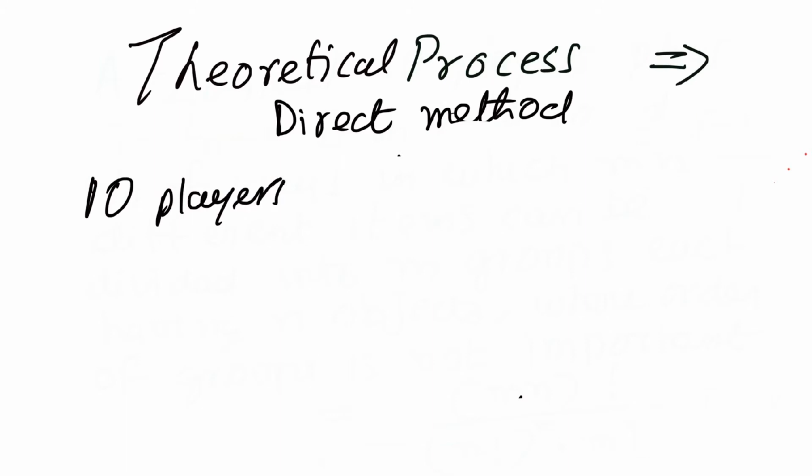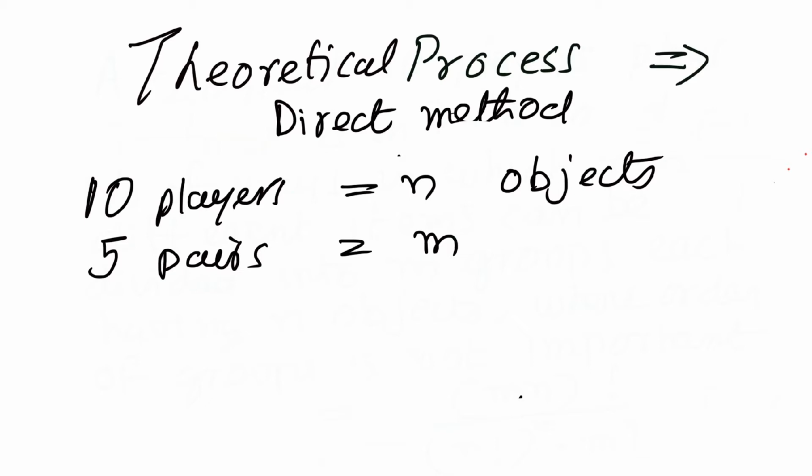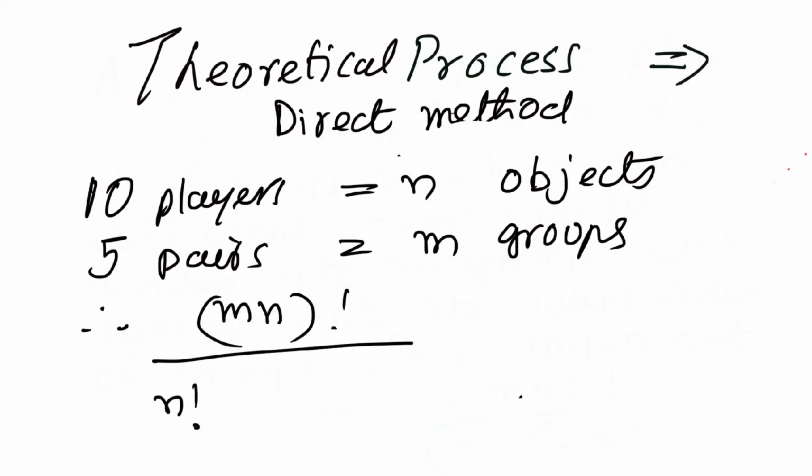In this particular case, that would be 10 factorial by (2 factorial raised to 5) times 5 factorial, and we'll again be getting 945 different ways of getting a team.